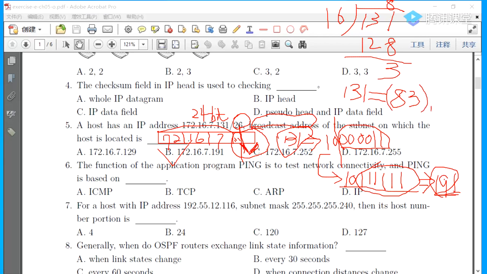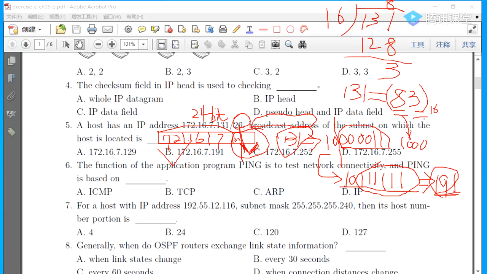In hexadecimal notation, right? Then 8 turned into binary notation is 1, 0, 0, 0, right?